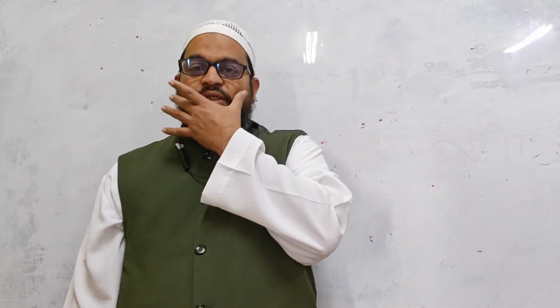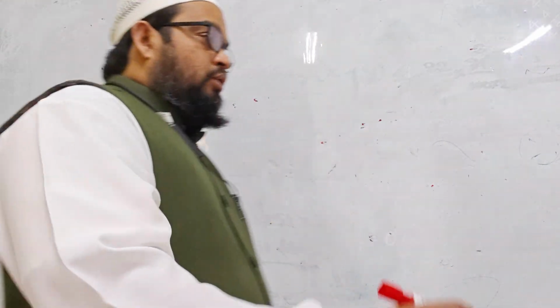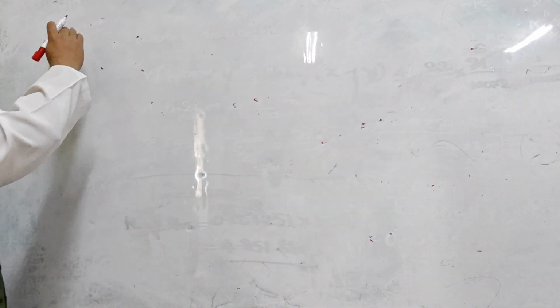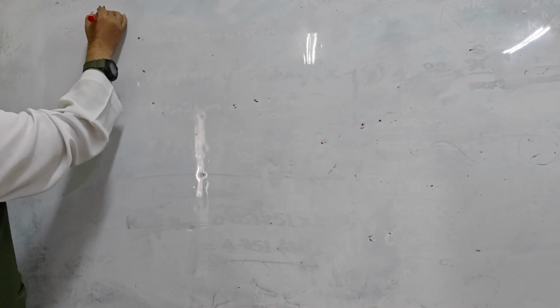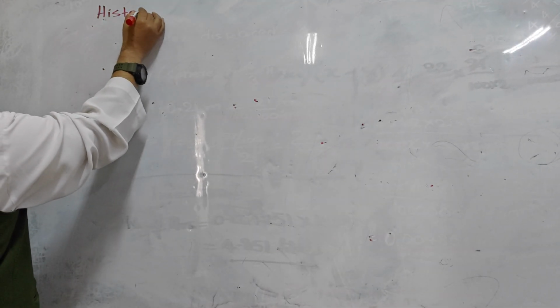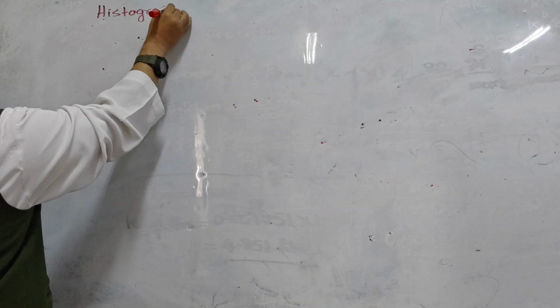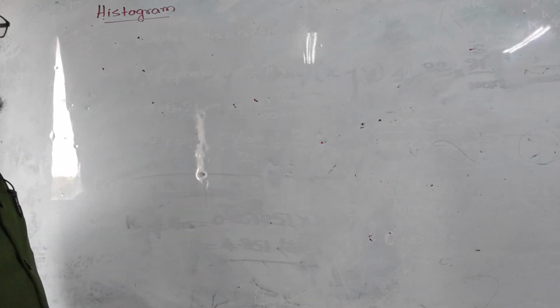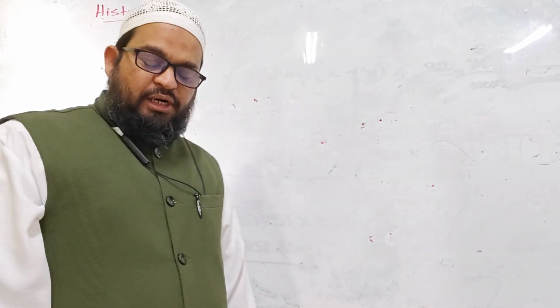And so this video is regarding grade 9 statistics and how to draw a histogram. Whenever you are going for a histogram, please check the frequency group distribution table.